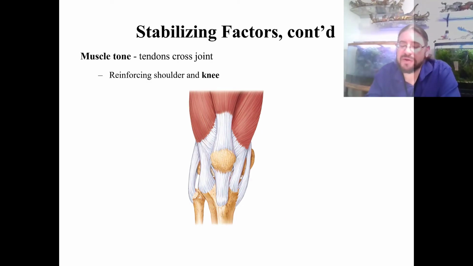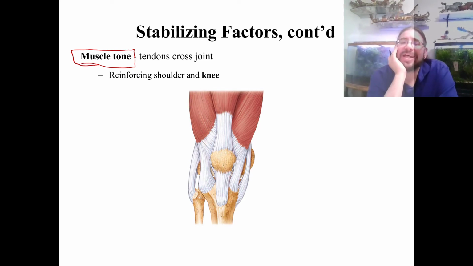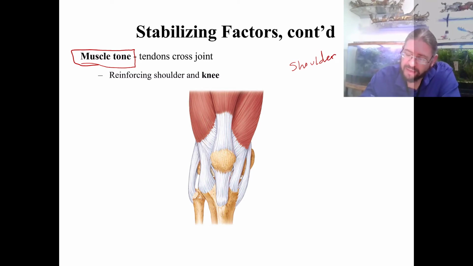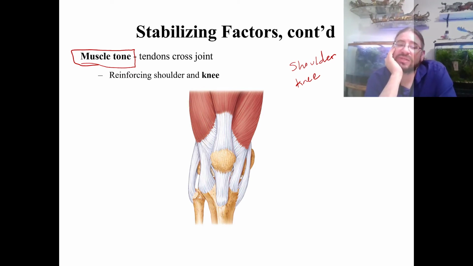The most important factor in most of your joints is muscle tone. The stronger your muscles associated with the joints, the more stabilized that joint is. So this is especially important in the shoulder and obviously, based on the picture, the knee. So these tendons cross over the joint.